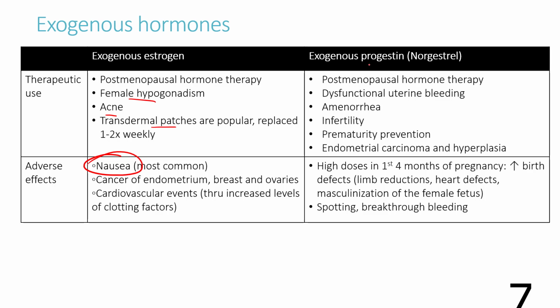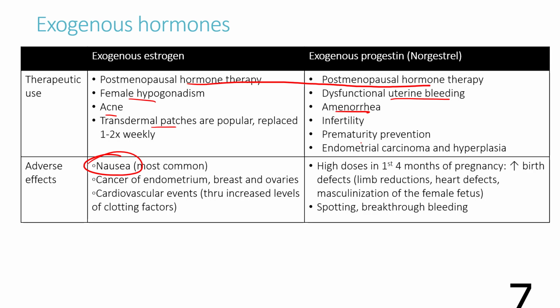Exogenous progesterone is again given for post-menopausal hormonal therapy and also to control uterine bleeding and to promote the development of menstruation, right?